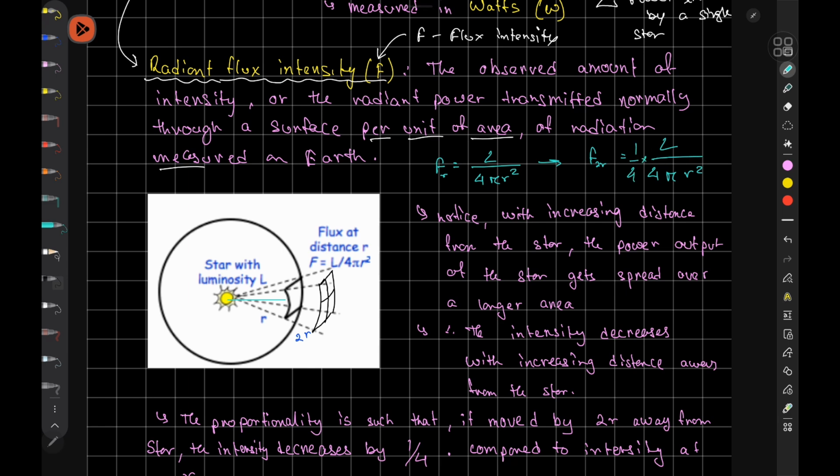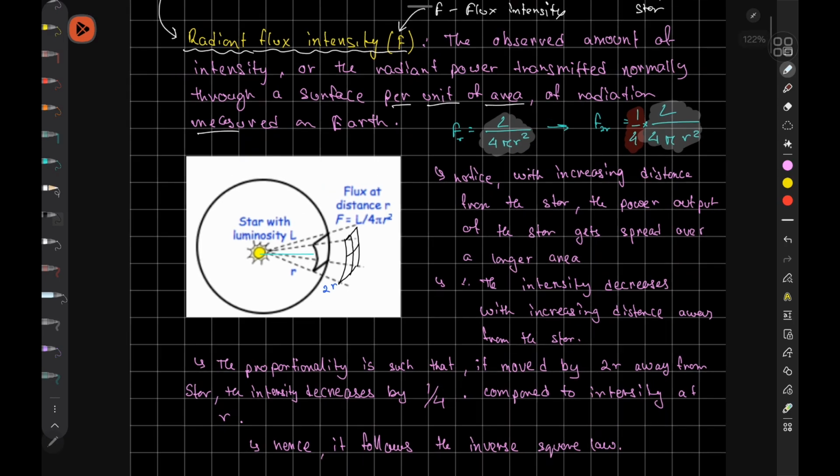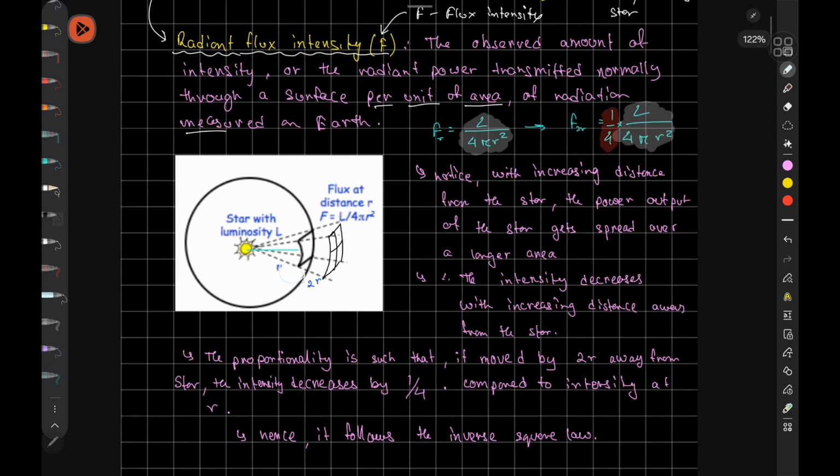So I'll essentially have 1/4, right? Notice the proportionality, guys. This is the initial flux intensity I had, and this is the flux intensity after doubling my initial distance. So as I increased the separation twice, from r to 2r, my flux intensity decreased 4 times.